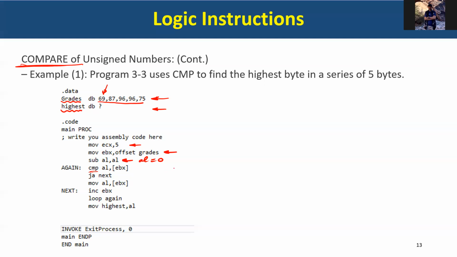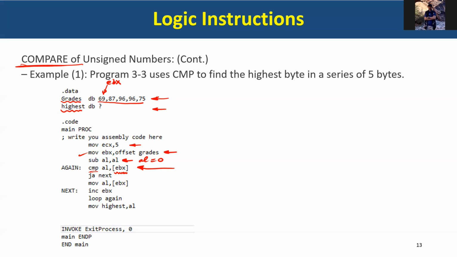And here is the reason why you reset AL. Here we are saying compare AL and the memory location pointed to by EBX. EBX now is pointing to the first location because of the line move EBX, offset grades. So the bracket EBX is pointing to 69.